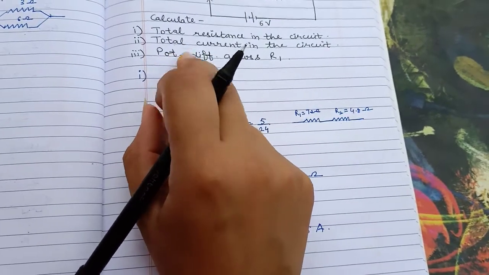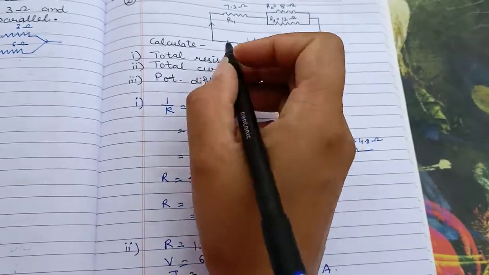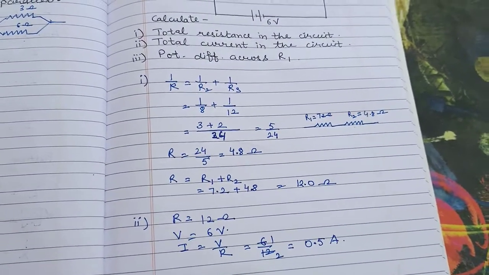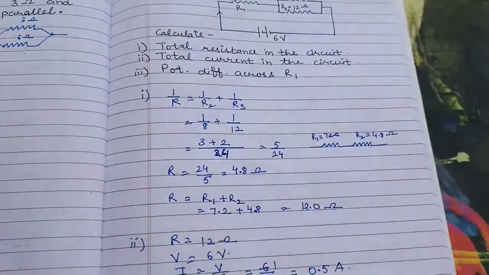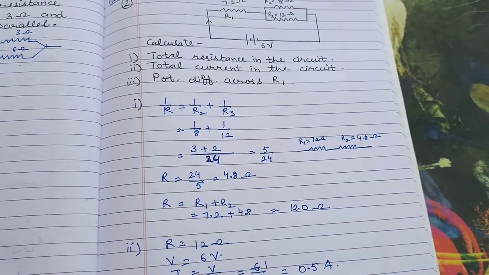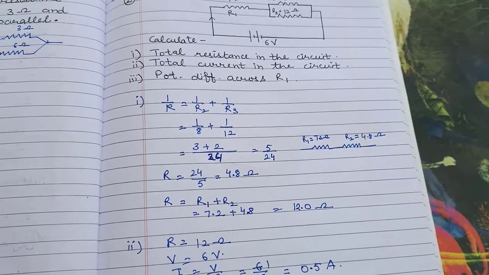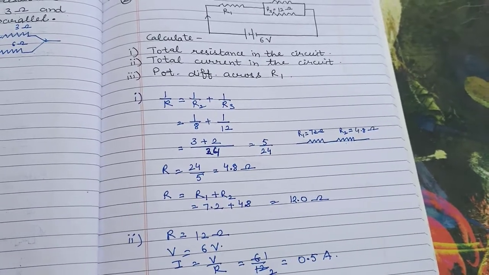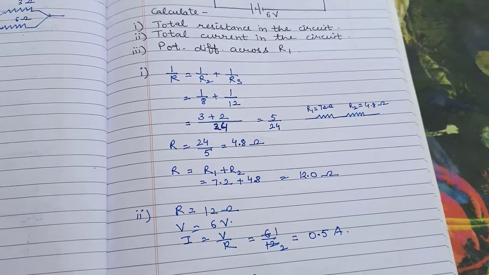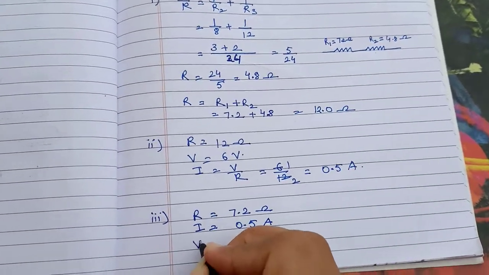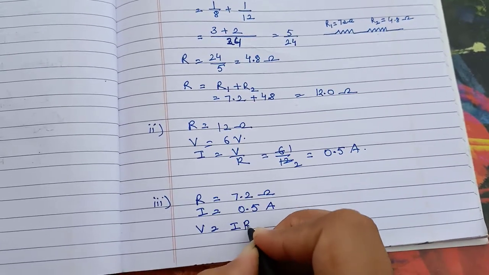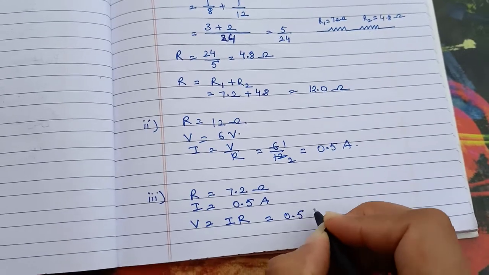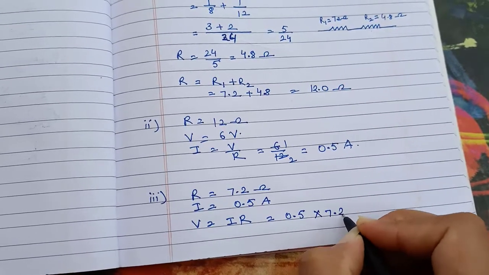Now in this third part, potential difference across R1. We have the resistance for R1 only, that is equal to 7.2 ohm, and we have the total current in the circuit, that is equal to 0.5 ampere. Again we have Ohm's law, V is equal to IR. I is 0.5 and R is 7.2.